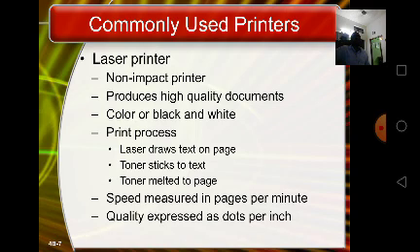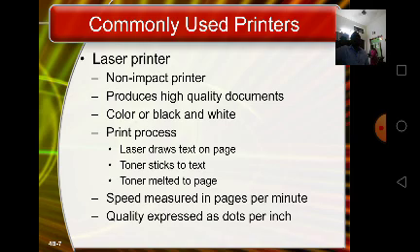Just as the electron gun in a monitor can target any pixel, the laser in a laser printer can aim at any point on the drum, creating an electrical charge.